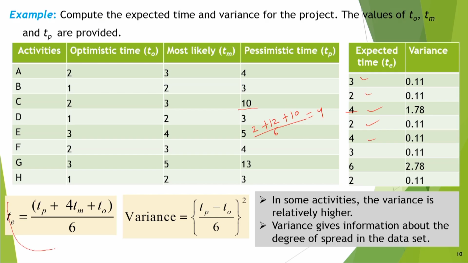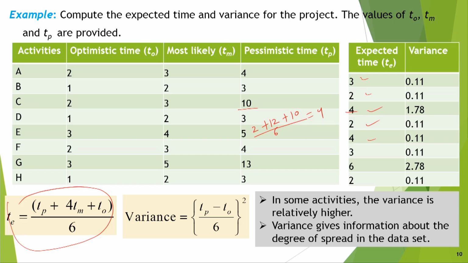It is very easy, you have to use this formula Te is equal to (Tp + 4Tm + To) / 6, and variance is equal to ((Tp - To) / 6) whole square. So, we have done that type of thing. That means you are taking this difference Tp minus To and divided by 6. So, variances are also given, and unit of variance will be basically day square.